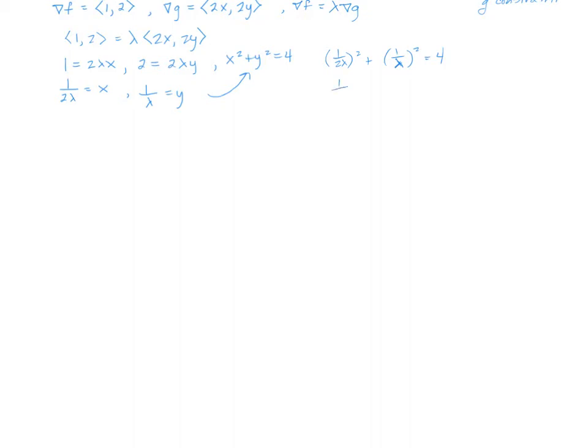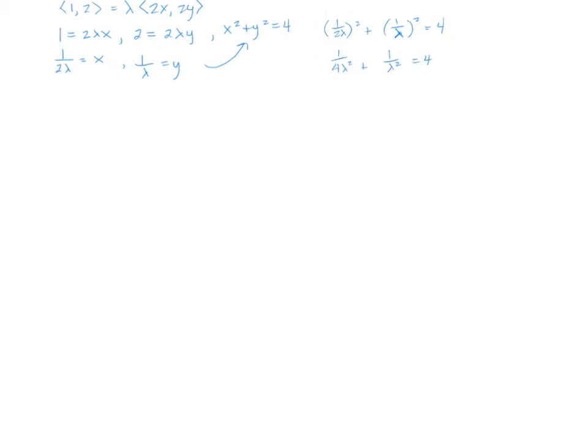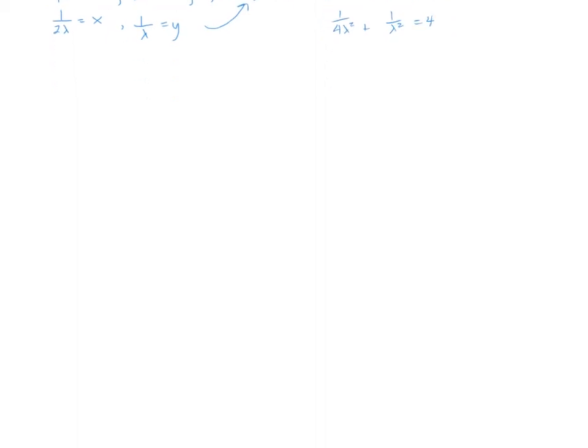Solving, I get 1 over 4 lambda squared plus 1 over lambda squared equal to 4. 5 over 4 lambda squared equal to 4. It looks like I'm going to have lambda squared equal to 5 over 16.